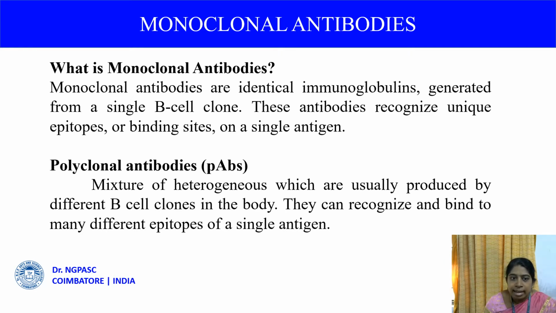There is another term called polyclonal antibody. Polyclonal antibodies are a heterogeneous mixture, usually produced by different B cell clones in the body, and they can recognize and bind to many different epitopes of a single antigen.